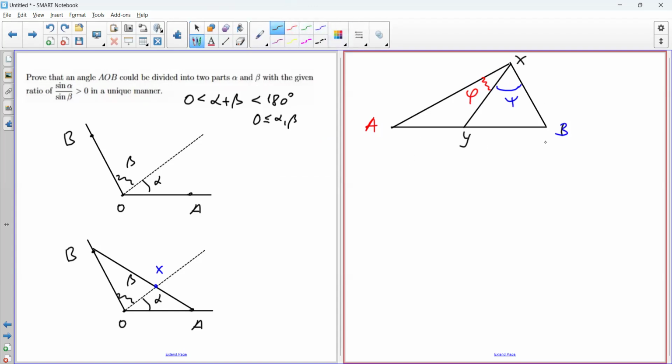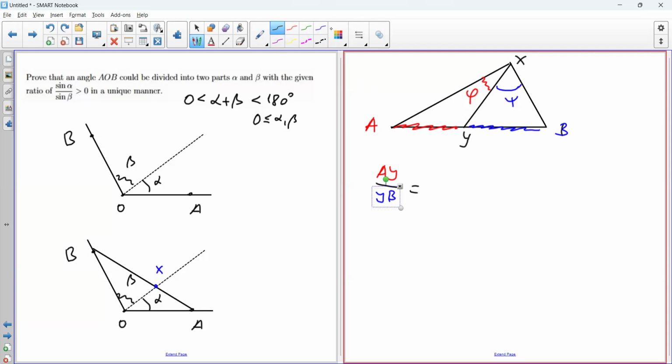Then the ratio of these two segments, AY over YB, the red one to the blue one, would be calculated quite easily by the following formula.